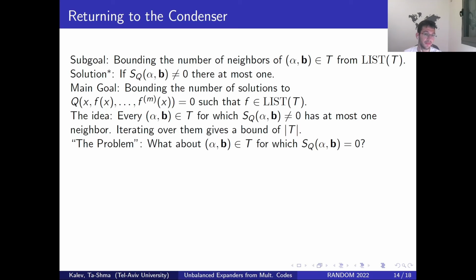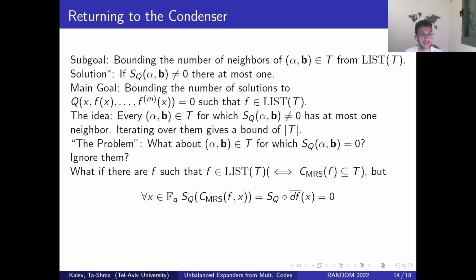But the problem is obviously, what do we do with all the initial conditions, all the elements of T for which the separand does vanish? One option is to ignore them, but this seems fishy and probably shouldn't work, and in fact it wouldn't work. But let's be explicit about why it fails.